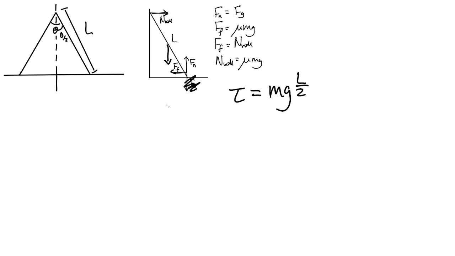So this gravitational force shouldn't be here. The gravitational force should be here. Sorry about that. But normal force is still going to be equal to the gravitational force, but the gravitational force is going to come from the center of mass. Sorry about that mishap, but that means that we can make this our moment arm. That way we can eliminate both of these forces.